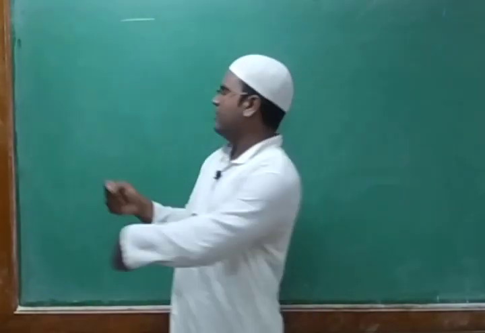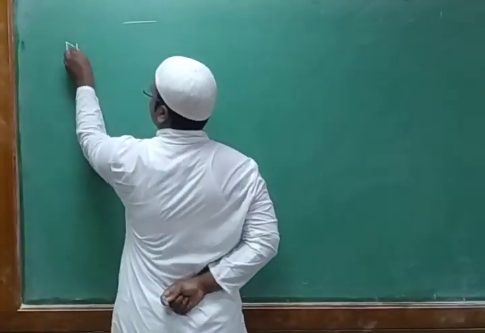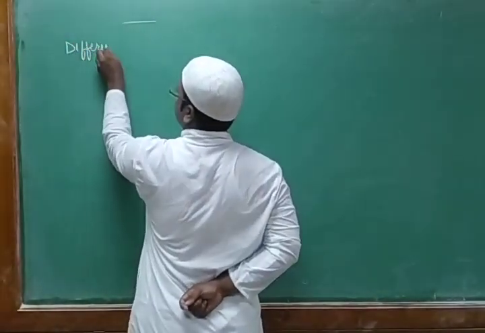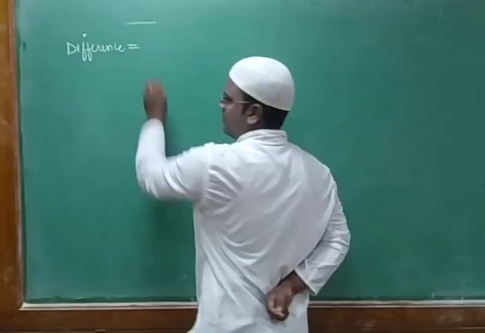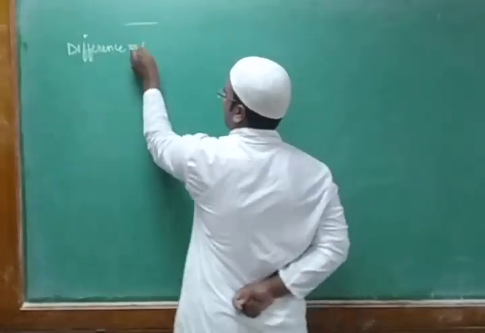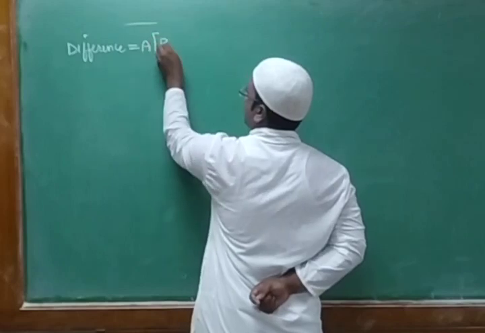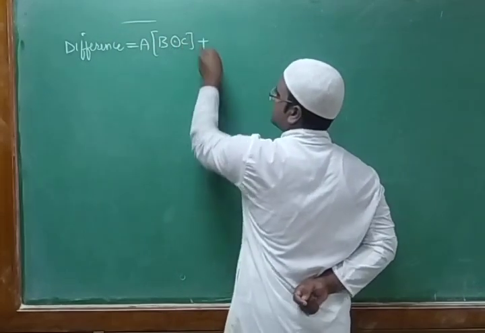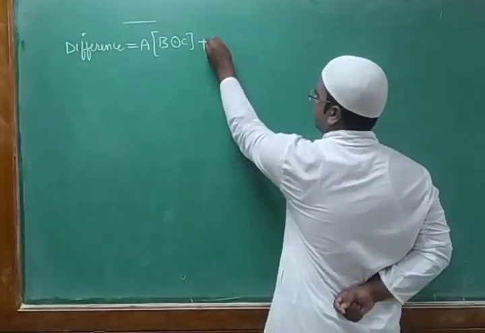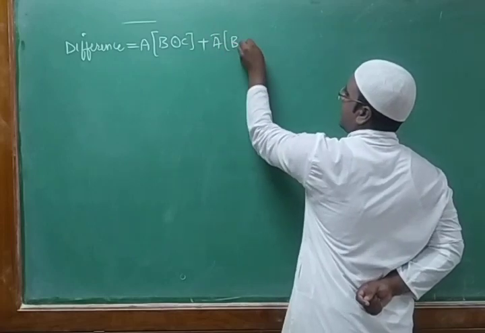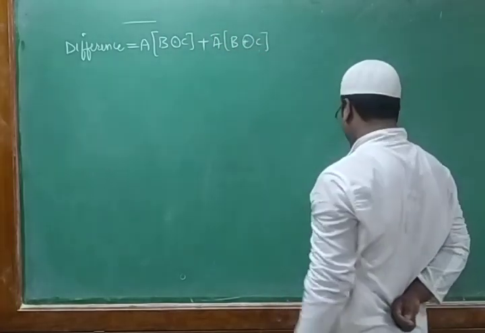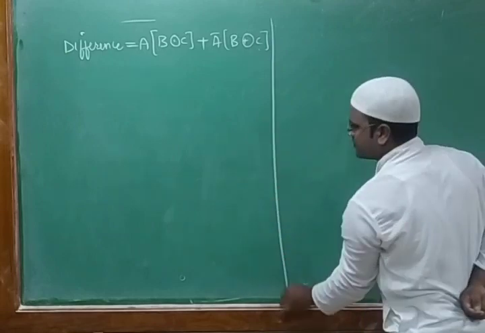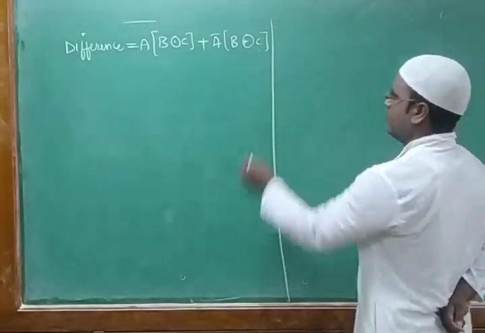We are taking the difference value. Difference is equal to A, B XNOR C, plus A complement, B exclusive OR C. So this is your difference. Likewise, I can write for borrow. So what is borrow?